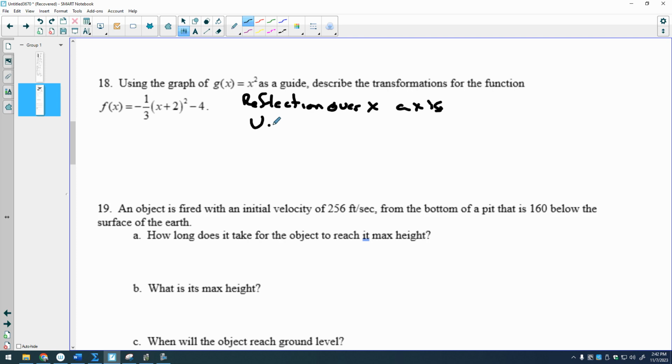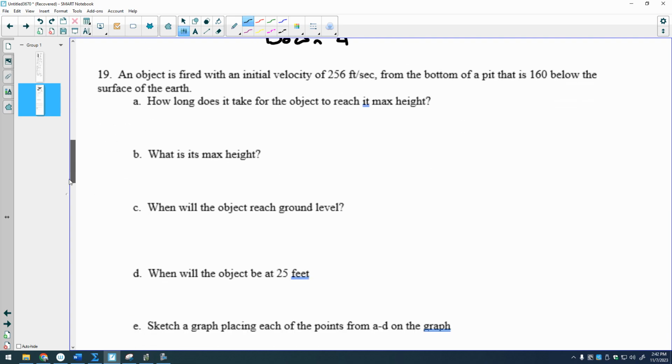The 1/3 is a vertical shrink. The plus 2 is left 2, and the minus 4 is down 4. All right, that was simple.